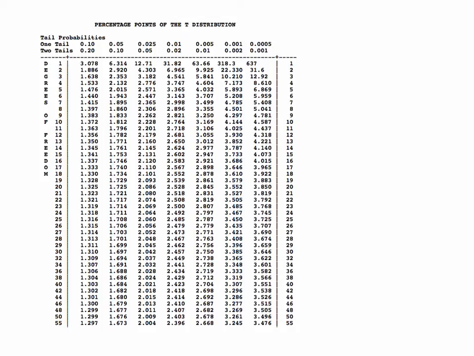Here's the table of the t distribution, and this is exactly the same table that we used in the previous video. Let me start by putting in our two values here. We have the t value of negative 2.29, and we have a degrees of freedom equal to 18. Okay, and a reminder that we are again using a two-tailed test with an alpha level or significance level of 0.05.